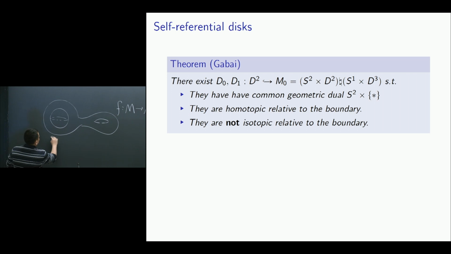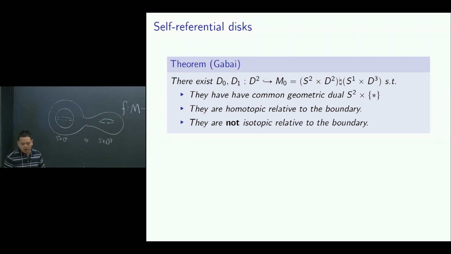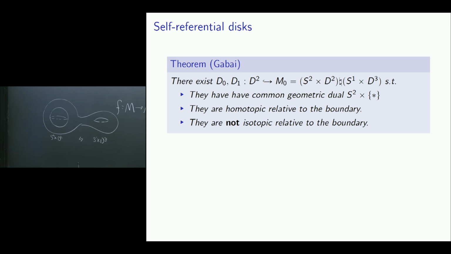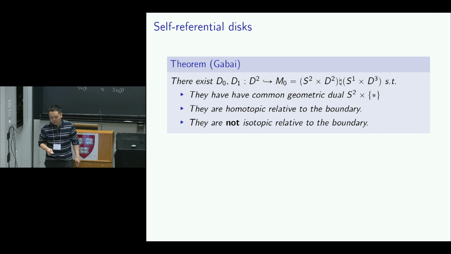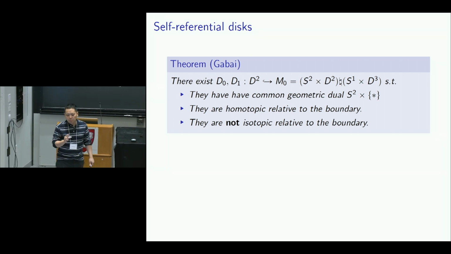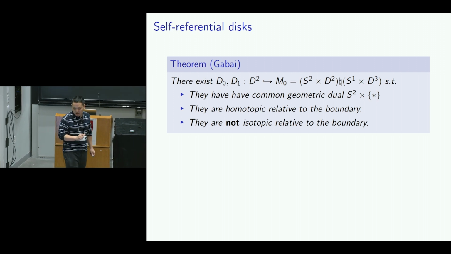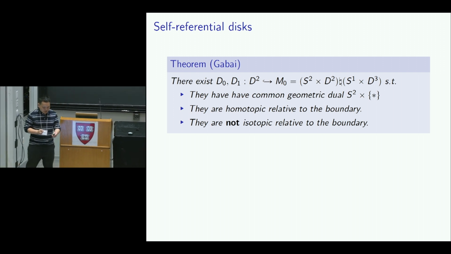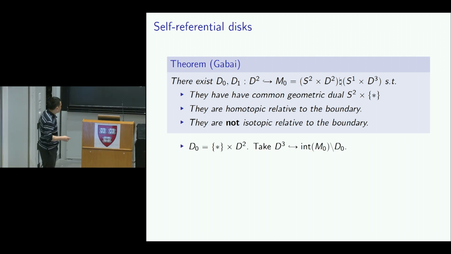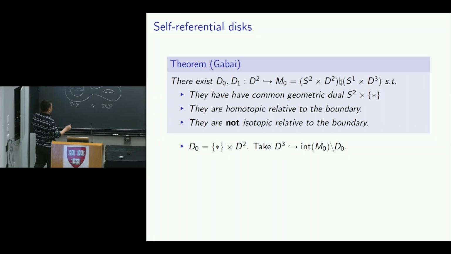So we consider S2 cross D2 boundary connected sum with S1 cross D3. So it has two parts. Then there exist two embedded disks which have a common geometric dual, and they are homotopic relative to the boundary, but they are not isotopic to each other. And actually, the construction is easy to describe.